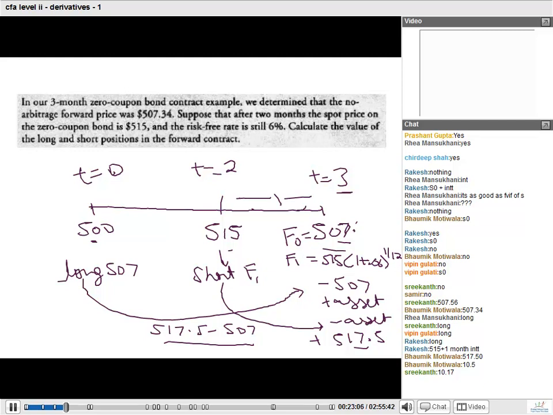However, this payoff is coming to me when? At t equal to 2. At t equal to 2, when I short F1, I have assured myself this payoff. So at t equal to 2, the party who went long when the stock was 500 obviously had a view that the stock price will rise.